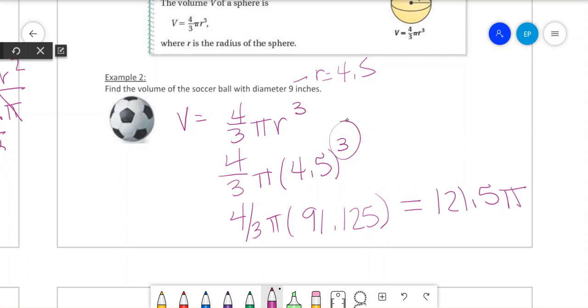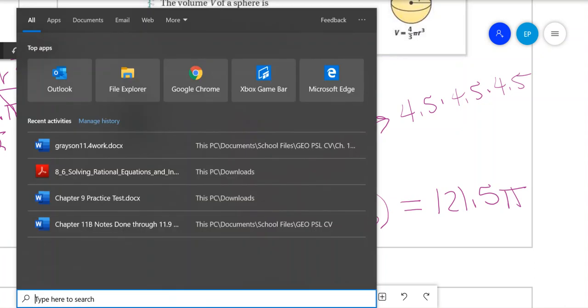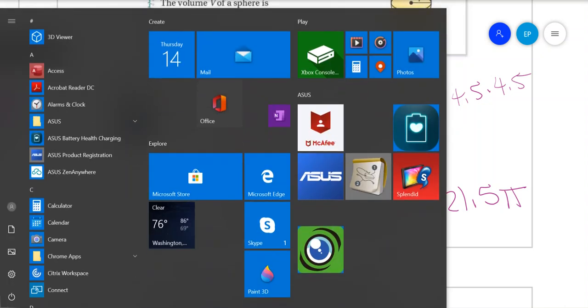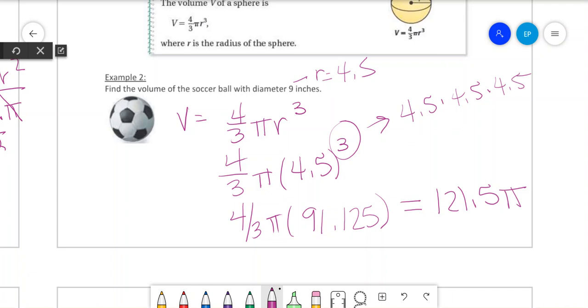Cubed, remember, you take 4.5 times 4.5 times 4.5. Let's see if I can get my calculator up here. Hold on 1 second. I don't have my mouse with me and I'm using it as a tablet, so 2 seconds. Rotate this around.